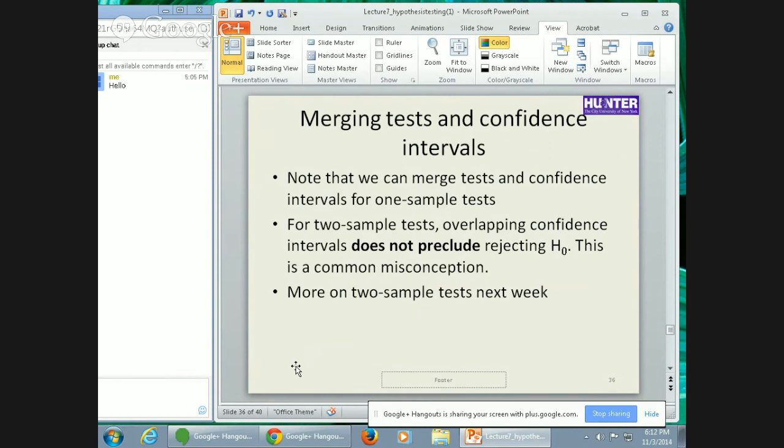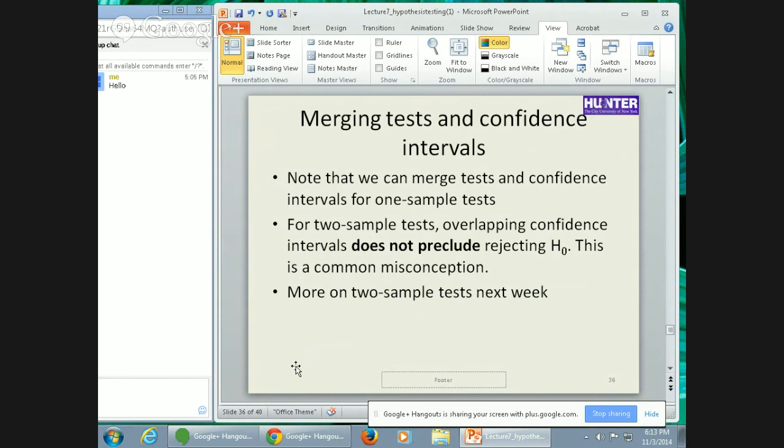Does that make sense? Remember that. I've been told that in future classes, this comes up and lots of people are confused. They think that overlapping confidence intervals mean that you don't reject the null hypothesis, and it's just not true. So the rejection is purely based on that value of 1.